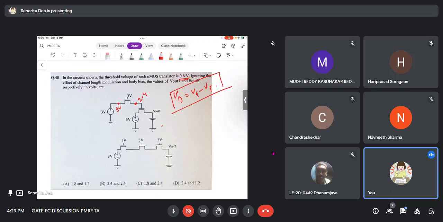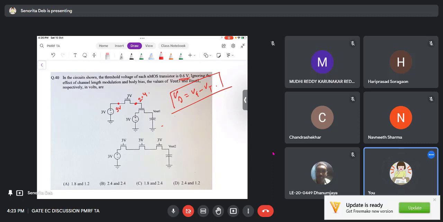Okay, so your threshold voltage is 0.6 volt, that is given, and they have asked you to find Vout1 and Vout2. So now 3 volt is coming in, 3 volt at gate, so there will be 0.6 volt drop, and 2.4 volts comes at output. Okay, so now this is again 2.4 volts. All these are NMOS transistors.